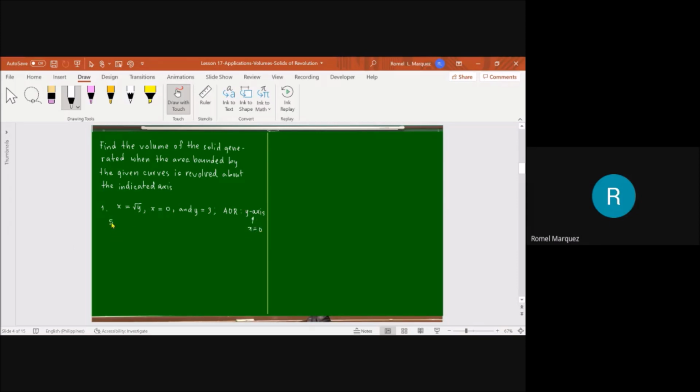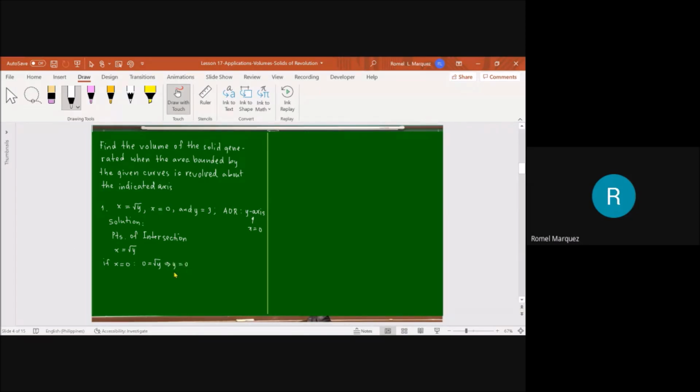So first, we're going to trace the region. What's the region, guys? We begin with the points of intersection. We have x equals square root of y, and we want it to meet x equals 0. If x is 0, we have 0 equals square root of y, therefore y is 0.